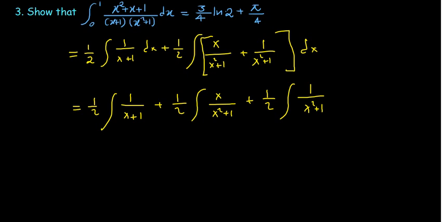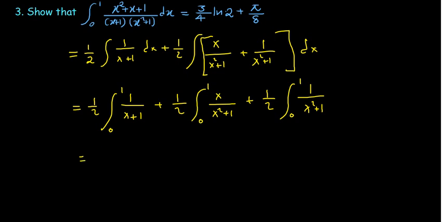Well, just something here. The question is saying this is pi over 8, not pi over 4. Okay, now I can put back my limits. This is 1, this is 0, this is 1, this is 0, this is 1, this is 0.